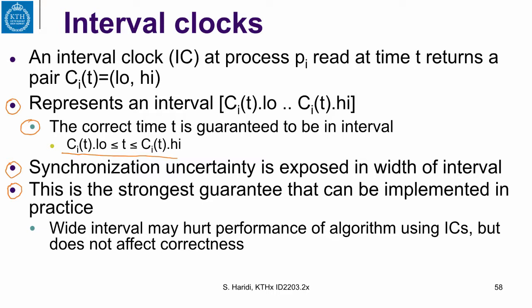Google data centers have a service called TrueTime, and TrueTime implements these interval clocks. Again, it is important to know that a wide interval may hurt the performance of the algorithm using interval clocks, but does not affect the correctness.